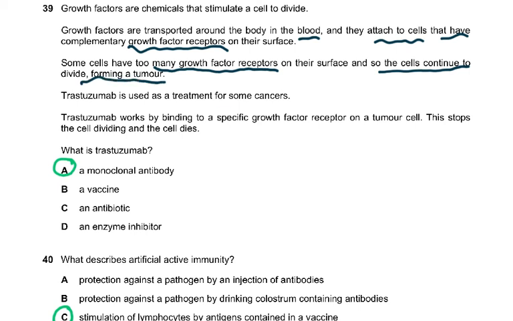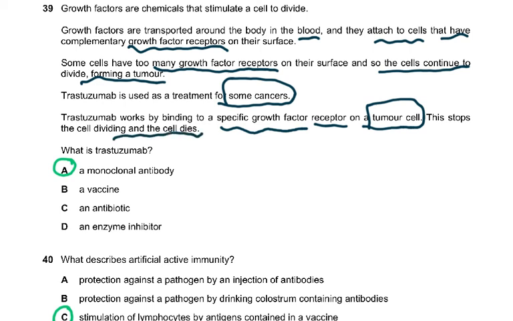Trastuzumab is used as a treatment for some cancers. You want to destroy the cancer cells. Trastuzumab works by binding to a specific growth factor receptor on a tumor cell. This stops the cell dividing and the cell dies.